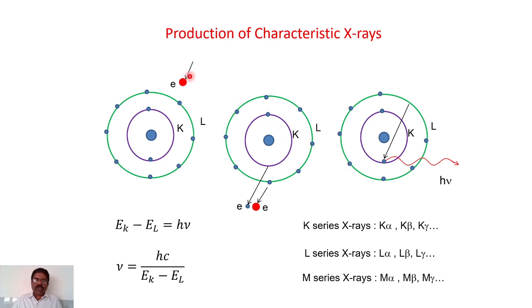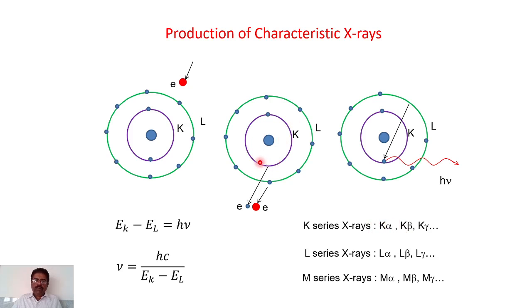In this example, the inner shell electron, that means from the K shell, is made free because of a highly energetic electron striking the target atom. Now suppose the electron from the L shell occupies this position, then the K series X-ray produced is called K alpha.